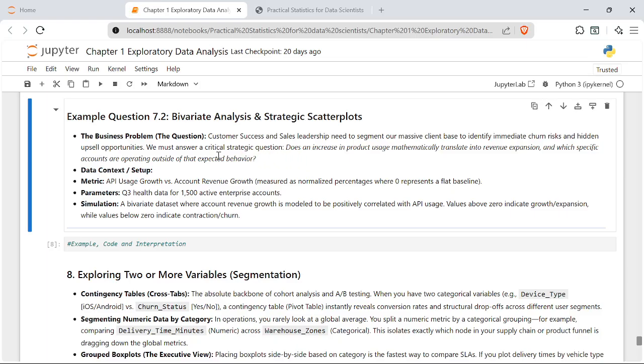So we have to answer this critical strategic question. Does an increase in product usage mathematically translate into revenue expansion?